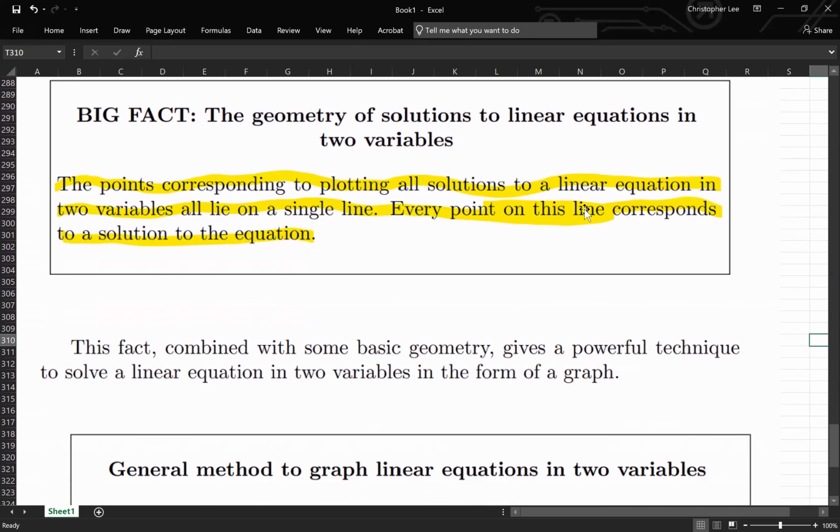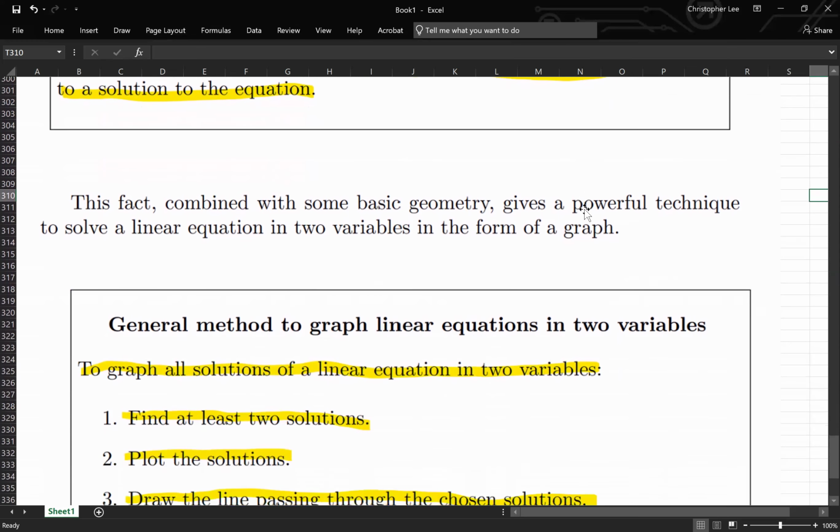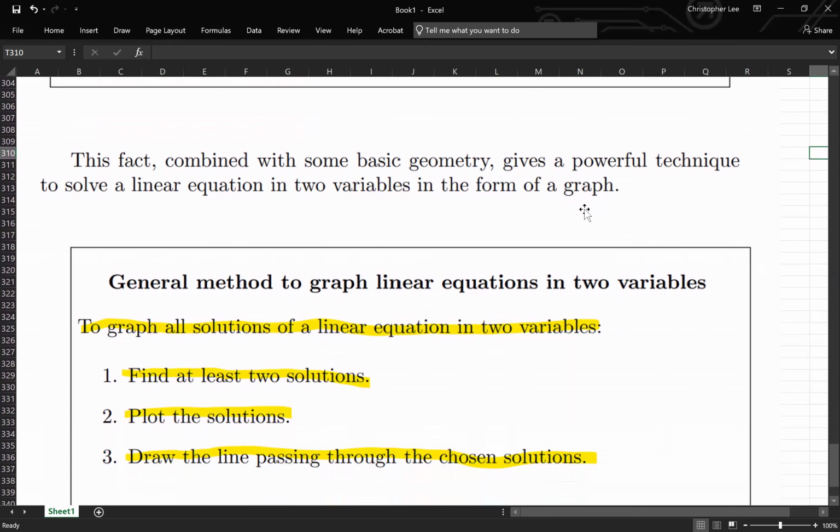So this fact, combined with some basic geometry, gives a powerful technique to solve linear equations in 2 variables in the form of a graph. General method to graphing a linear equation in 2 variables: to graph all solutions, step 1, find at least 2 solutions. Step 2, plot the solutions.